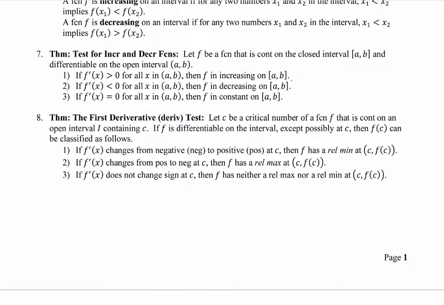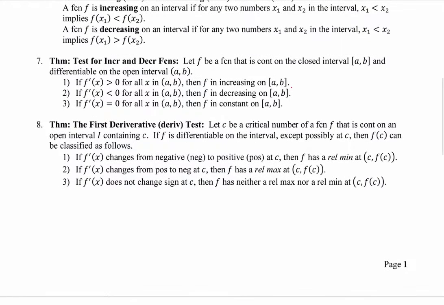So what we're going to do is make sign charts, and you're going to have 4 different possible sign charts. These are similar to the sign charts we did for inequalities, and we're going to review those in just a minute.